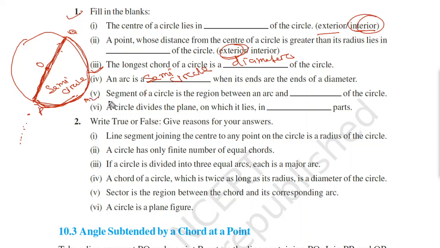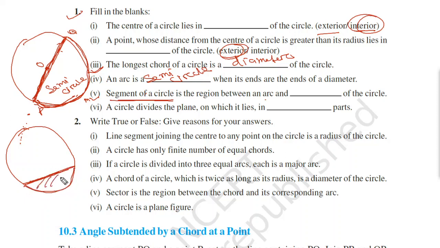Now we'll move to the next part. Segment of a circle is the region between an arc and dash of a circle. So we'll draw another circle here. We have been discussing segment. You know what a segment is? Segment is the area included between an arc and the corresponding chord.